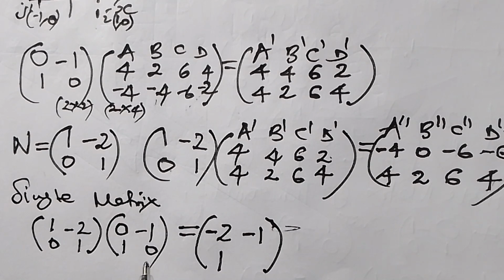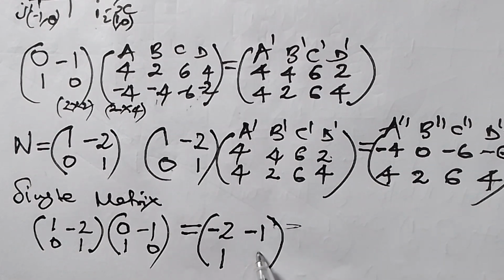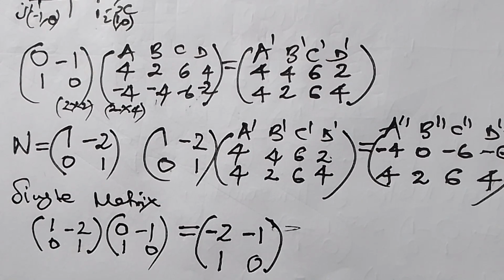So the final matrix will be given by negative 2, 1, negative 1, 0. So thank you.